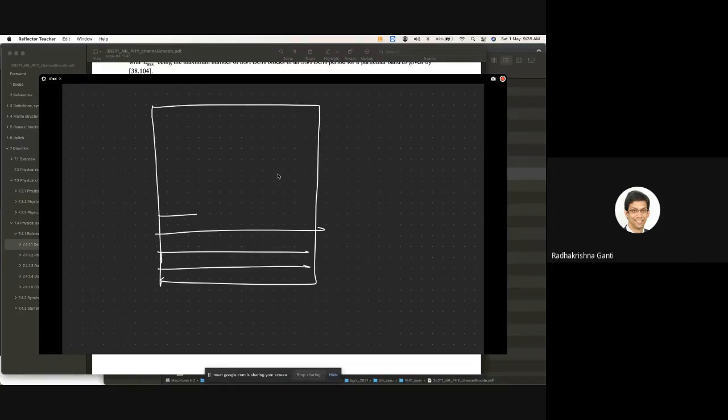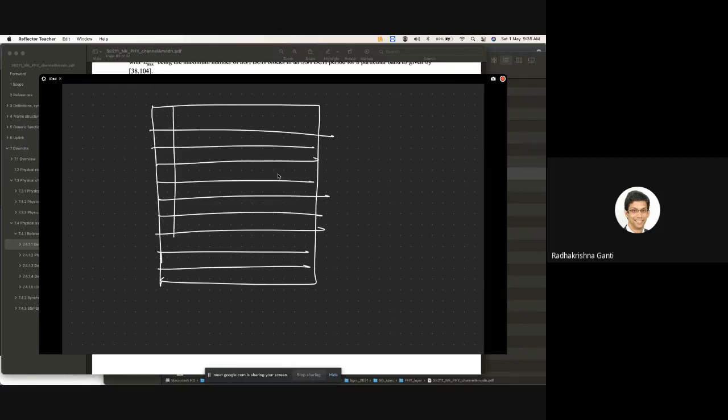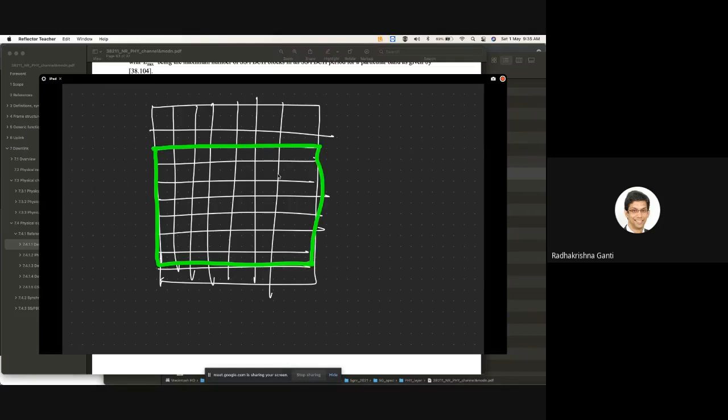this is your resource grid. If a particular user is allocated only these resource elements, then the DMRS for that particular user will be there only in this grid.